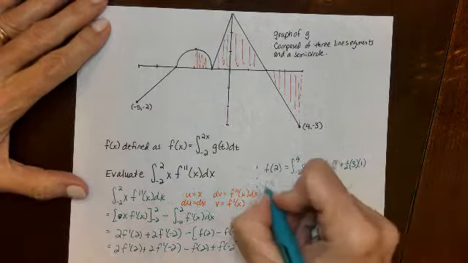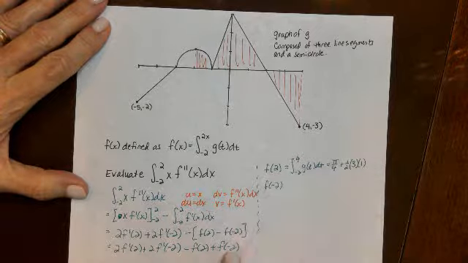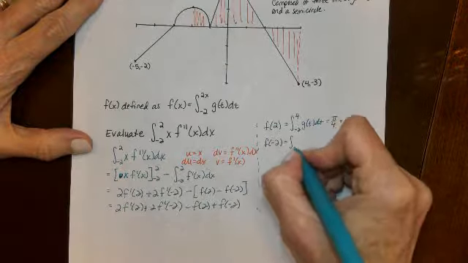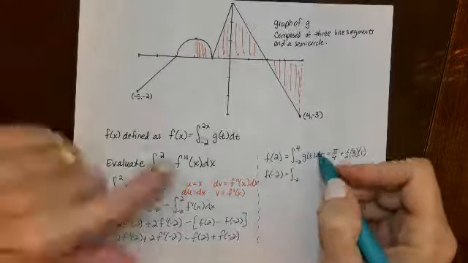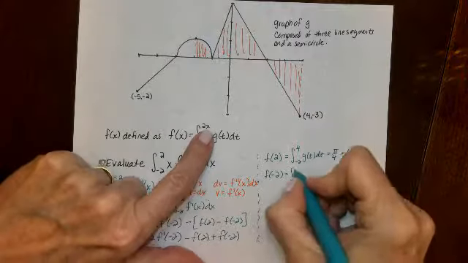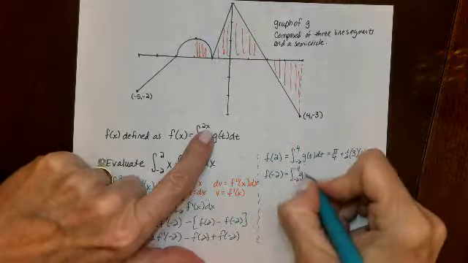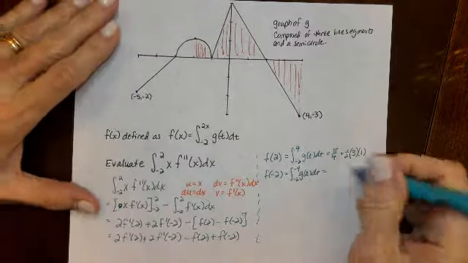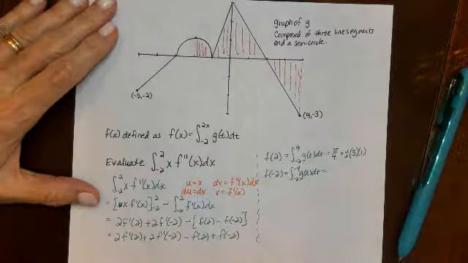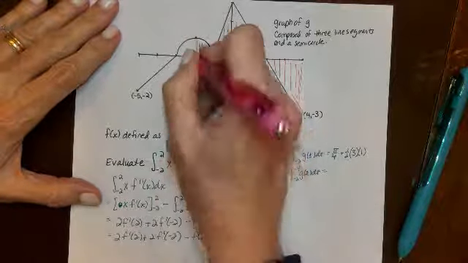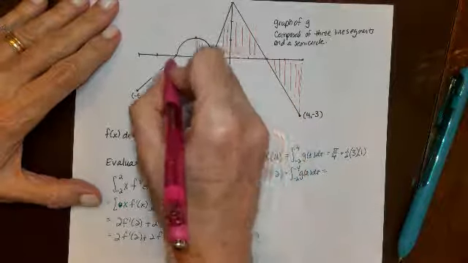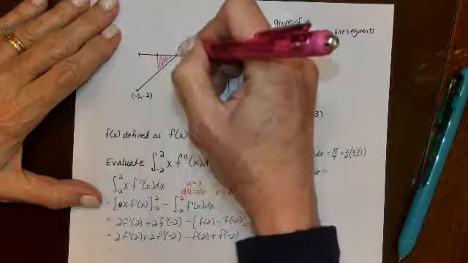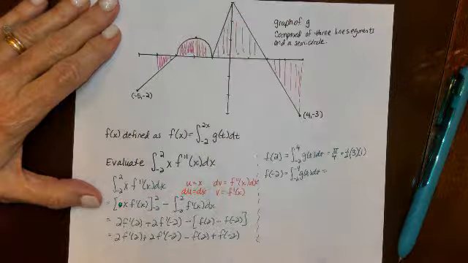Okay, f of -2, because we also need f of -2 down here. F of -2 will be the integral from -2 to, if I put -2 in for x, I get -4, right? So I need the integral from -2 to -4. -2 is right here, -4 is right here. So this is the area I need this time, right?